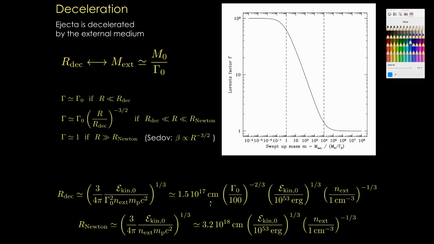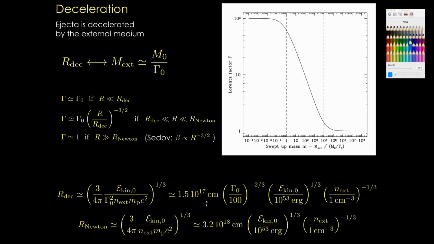You see that the internal shock radius I have derived was typically 100 times larger than the photospheric radius. And you see that the deceleration radius I derived is again 100 times larger than the internal shock radius. So it means that in the most standard case, you should not have too much overlap between the three phases: transparency, internal dissipation, deceleration.